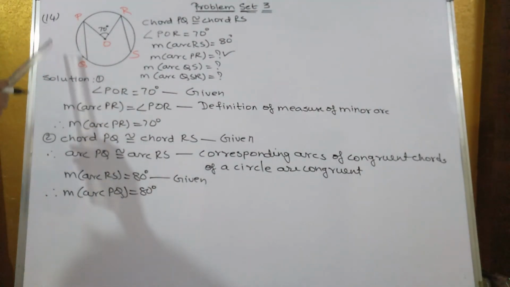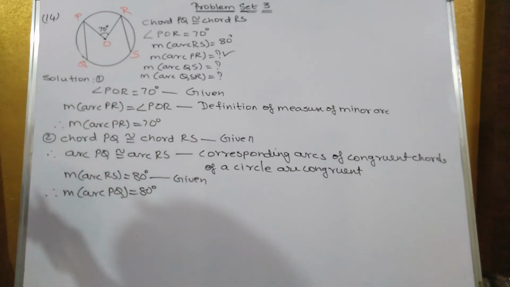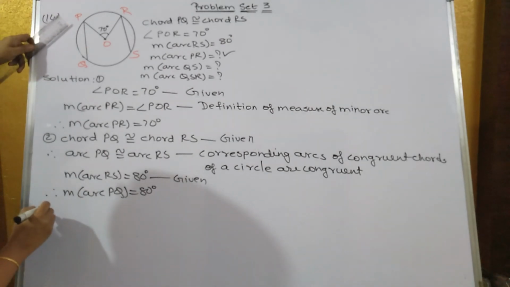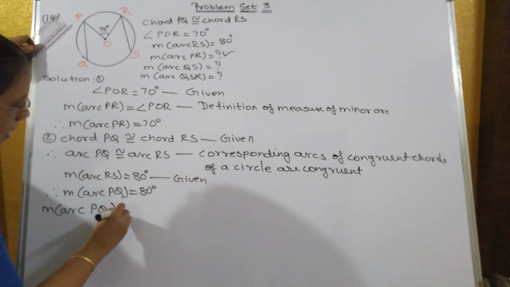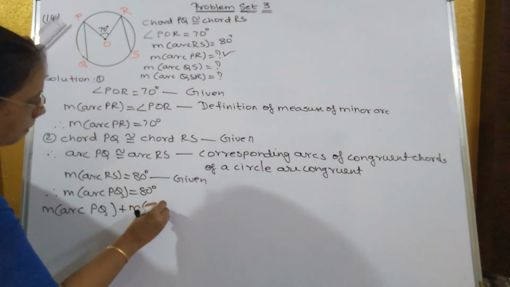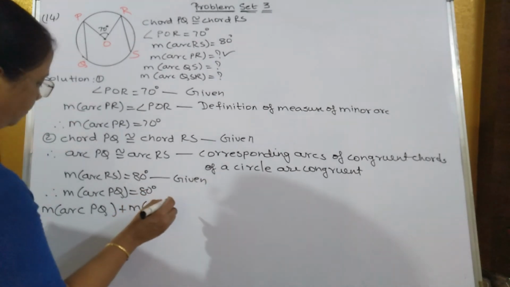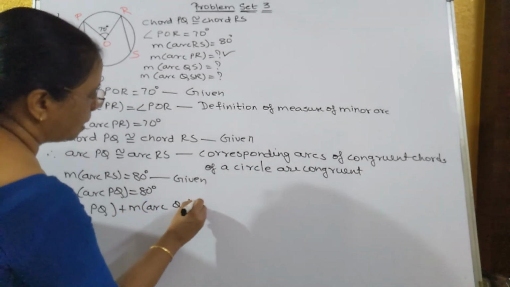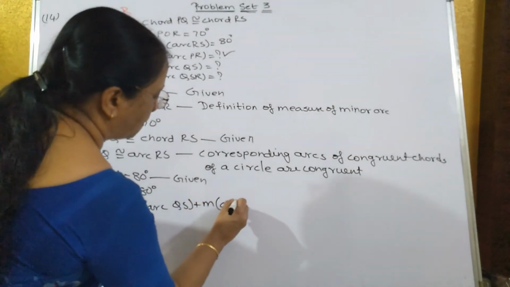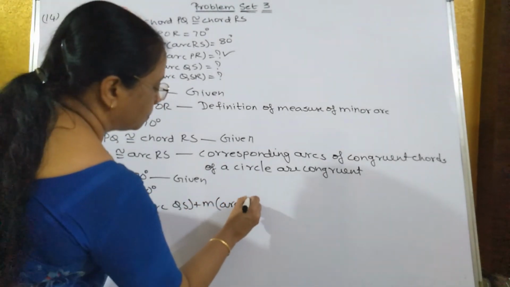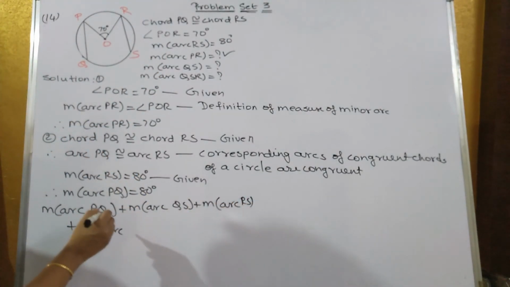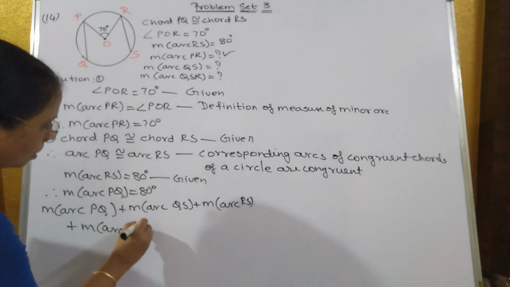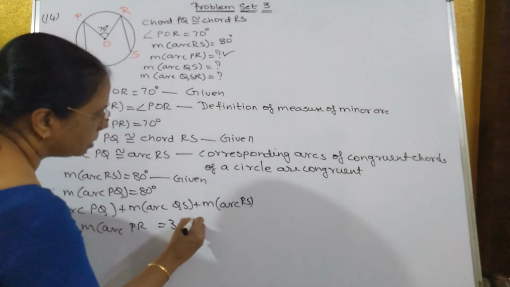Now add all the arcs. All these arcs you added, so that is equal to how much? 360 degree. That is measure arc PQ plus measure arc QS plus measure arc RS plus measure arc PR is all equal to 360 degree.